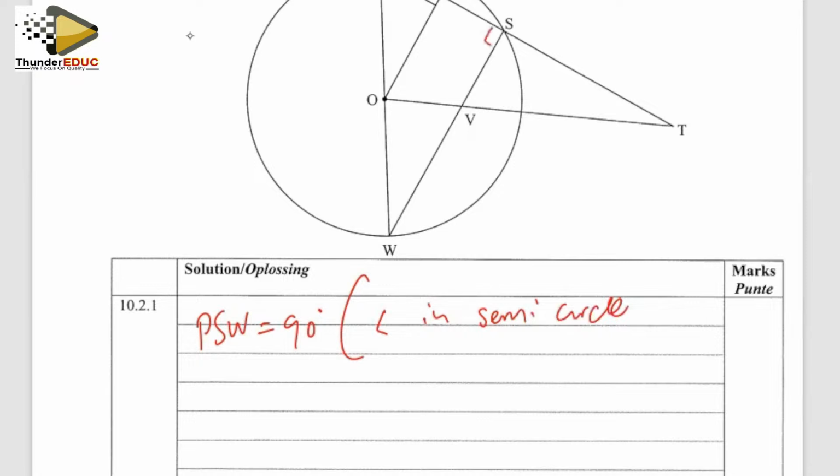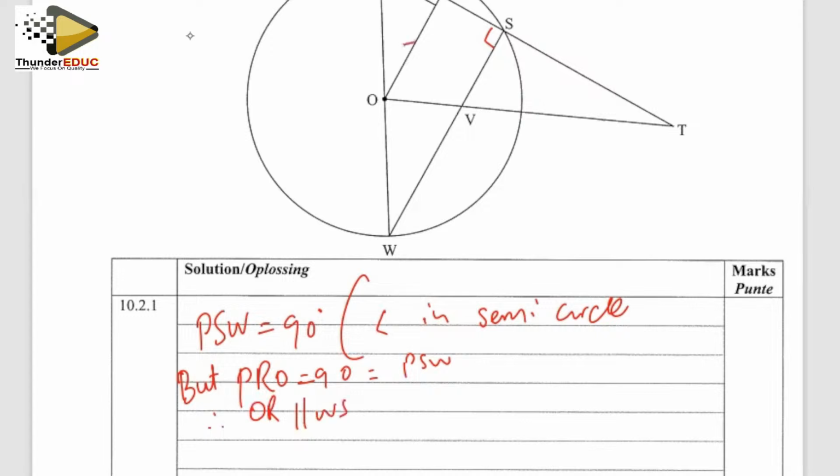Okay, so if that is a 90, what does it make these two lines? It simply means that those two lines are going to be parallel. So I'm going to say that PRO is also 90, which is equal to PSW. Therefore, OR is parallel to WS.